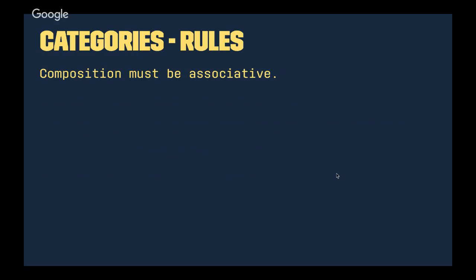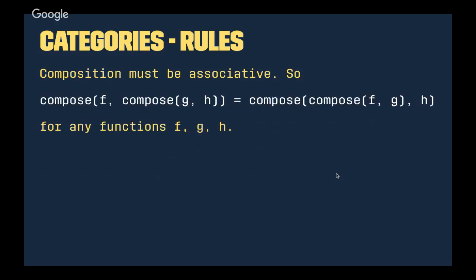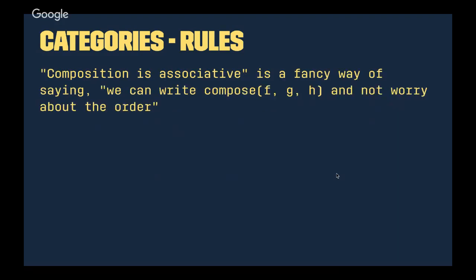The other important rule about composition is that it must be associative, which is a way of saying that if you compose f with what you get by composing g and h, that's the same as doing it in the other order. That's really just a fancy way of saying you can compose f and g and h, and you don't have to worry about how you're putting parentheses. Three, four, five, six functions composed in a row makes sense.